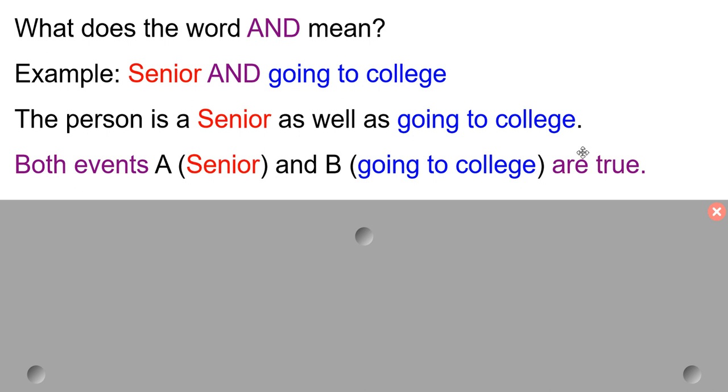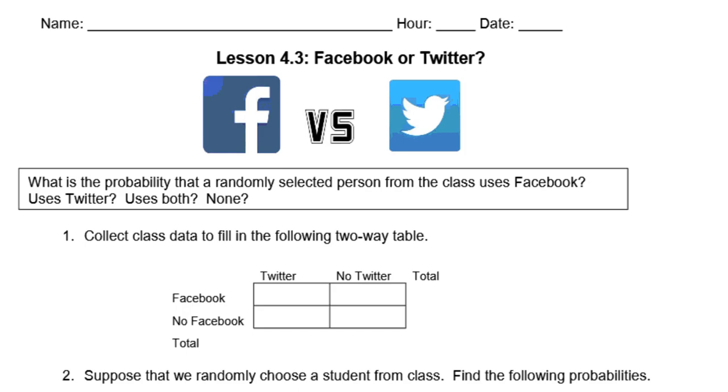Now that we clarified how "or" is used in statistics and the word "and," we're going to apply that to our situation, looking at Facebook and Twitter users. So we collected data in class the other day about this, and we filled in our two-way table. Again, our table here is identifying if you use Facebook or not, if you use Twitter or not, or if you use both.